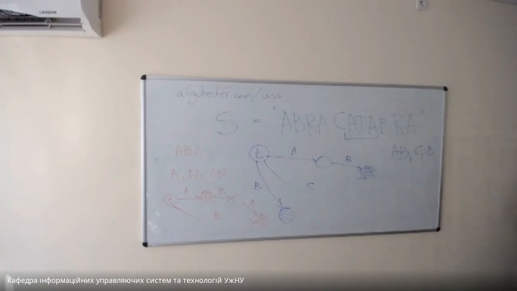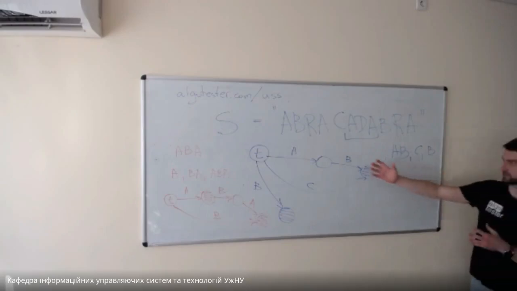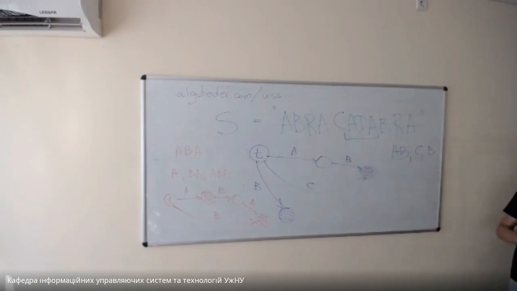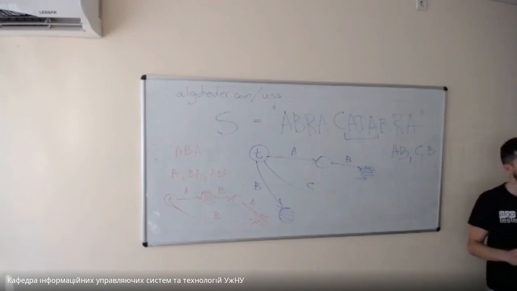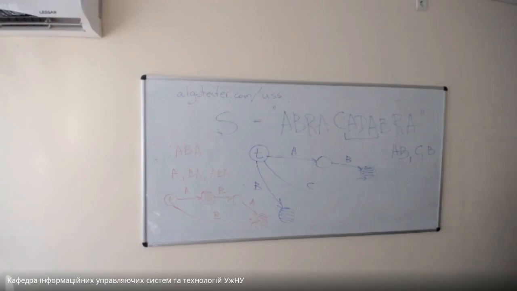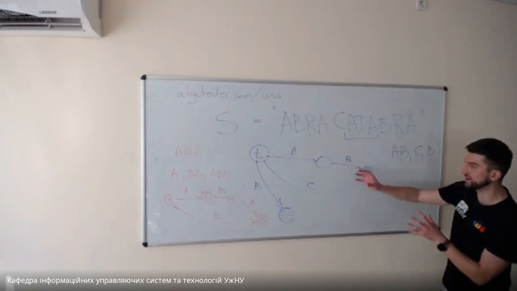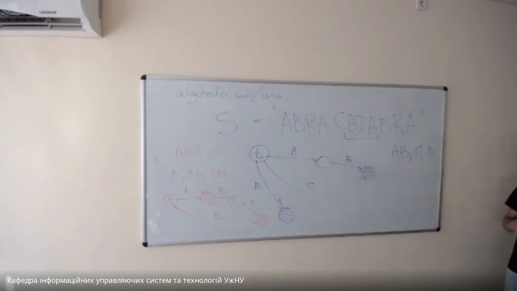So another property of that acyclic graph, of course, should be that from any vertex, there has to be at least one way to reach a terminal state. So there can be no dangling non-terminal vertices.